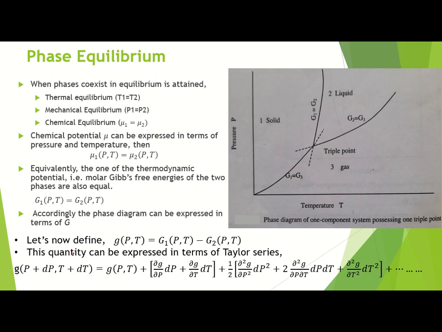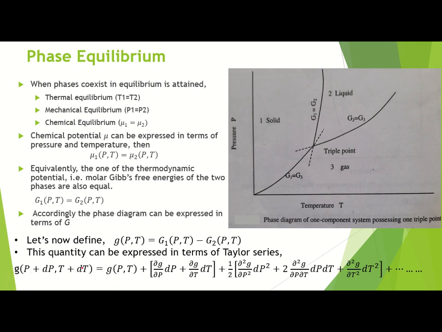So we will use this quantity, and in the search of phase transition or phase equilibrium, we change the pressure and also the temperature by some small amount, like g with pressure P plus dP now and T plus dT.